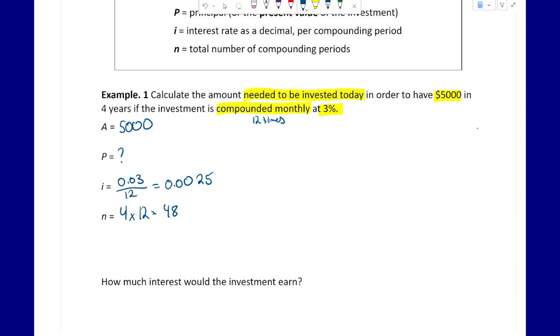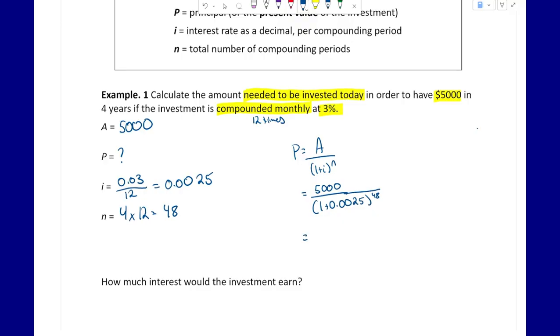Now we can plug it into our formula. P is equal to A divided by 1 plus i to the power of n. So 5,000 divided by 1 plus 0.0025, all to the power of 48.